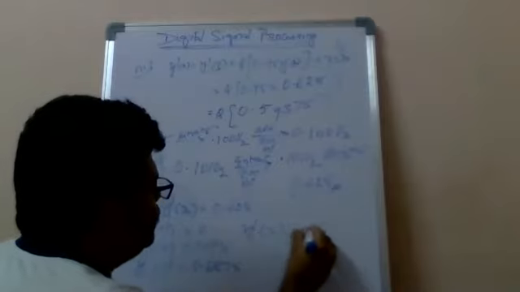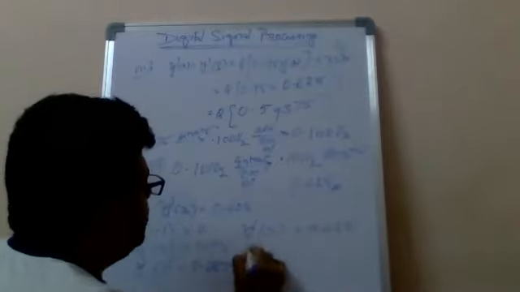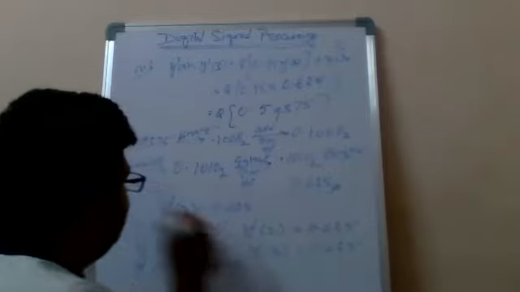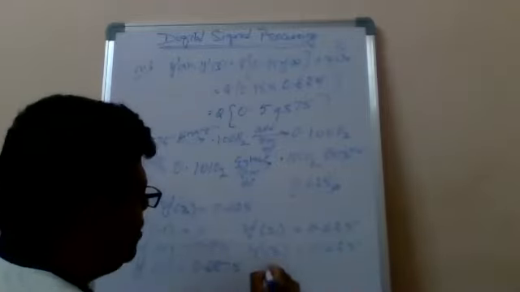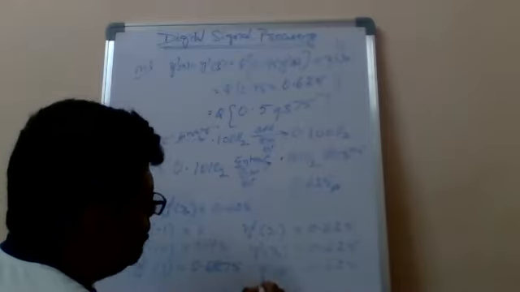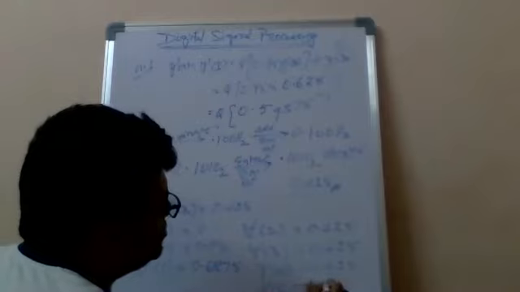Your y dash of 2 is 0.625. Your y dash of 3 is 0.625. And if you go on calculating in the same way, even your y dash of 4 will also be 0.625, y dash of 5 will also be 0.625, and so on.